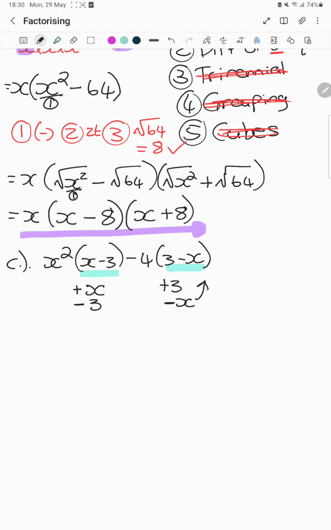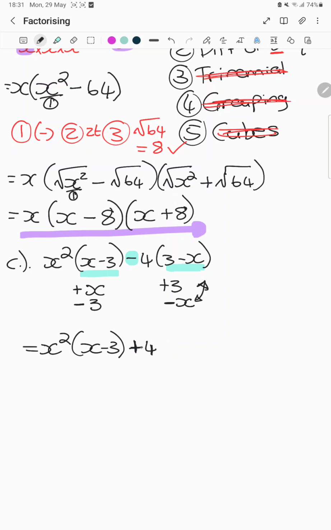I want to switch them around, which means I have to take out a minus. So you know when you have to switch these two around, the sign in front of your bracket has to change. Alright, so this means I can change this as x squared, x minus 3, change that sign so it becomes plus 4.